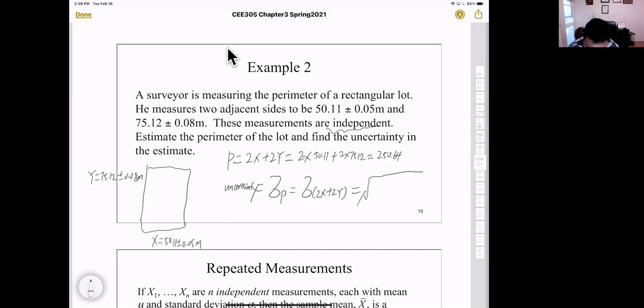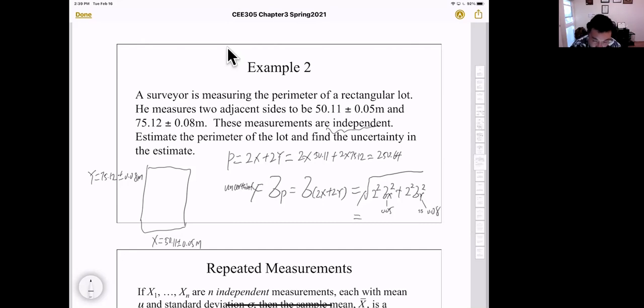So c is 2. Based on the equation in the previous slides, that's 2 squared times sigma x squared plus 2 squared sigma y squared. Sigma x is 0.05, and sigma y is 0.08.